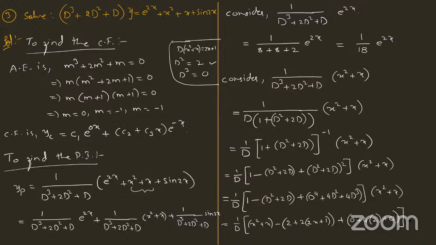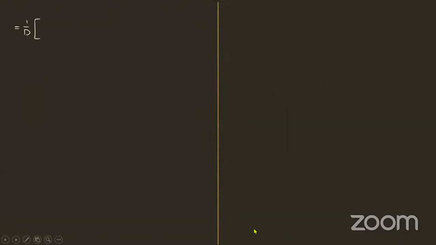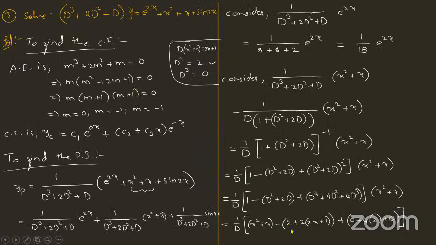Here you are. Now let me just simplify this in the next slide. So it is equals to, we have a 1 by d there. And see what remains there. First of all, you have x square plus x. So I'm writing that x square plus x as it is. Minus, look at this carefully.